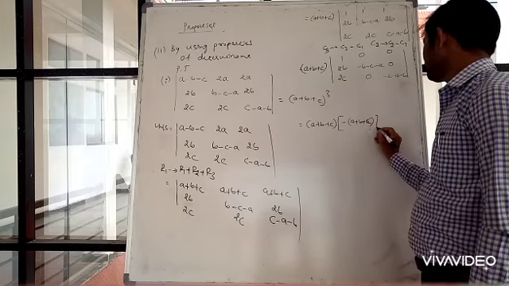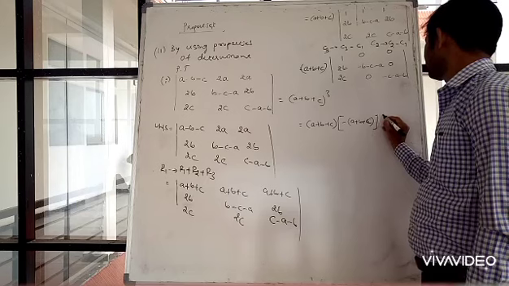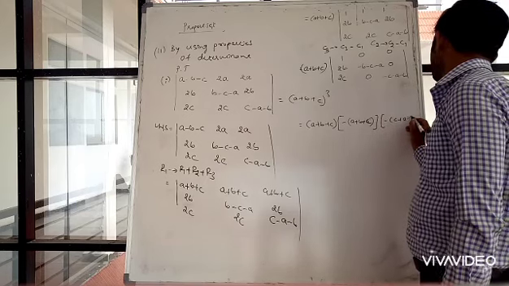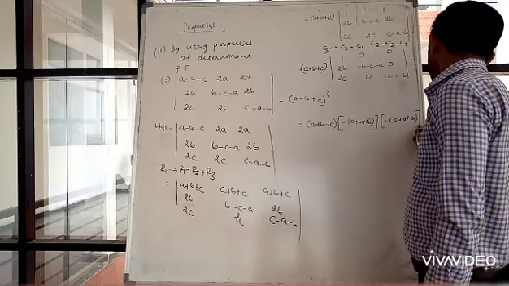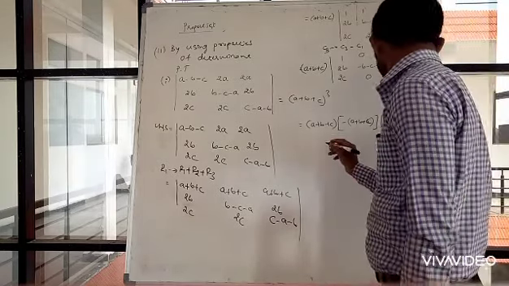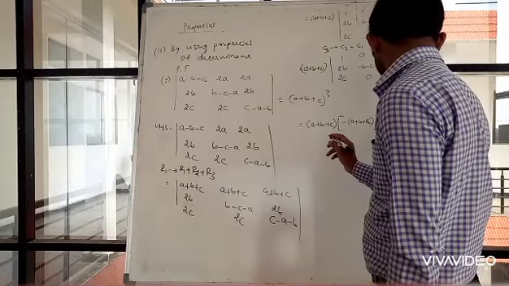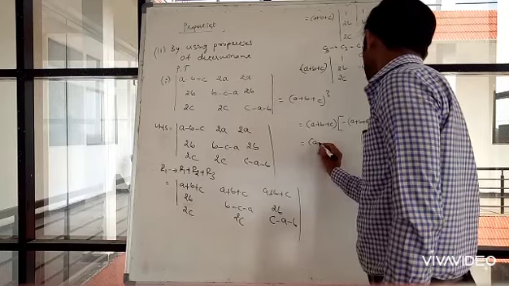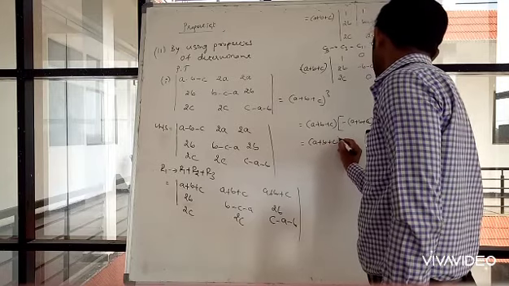Take minus outside. Minus of c plus a plus b is nothing but a plus b plus c. Which is equal to a plus b plus c.